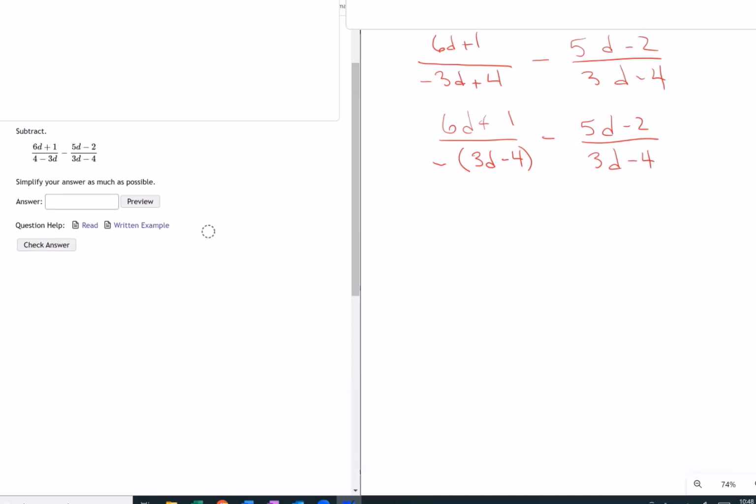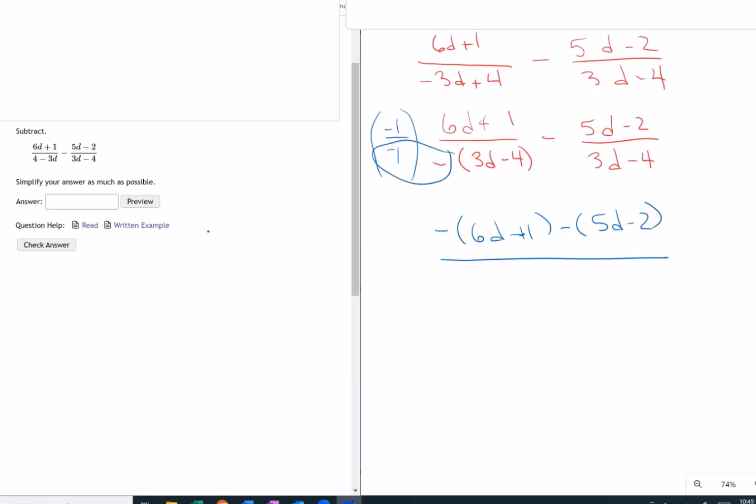So first I factor, then I'm going to multiply this side by minus 1 over minus 1, because that gives me negative 6d plus 1 minus 5d minus 2 divided by, well, this negative and this negative cancel, make it positive, so I have 3d minus 4.